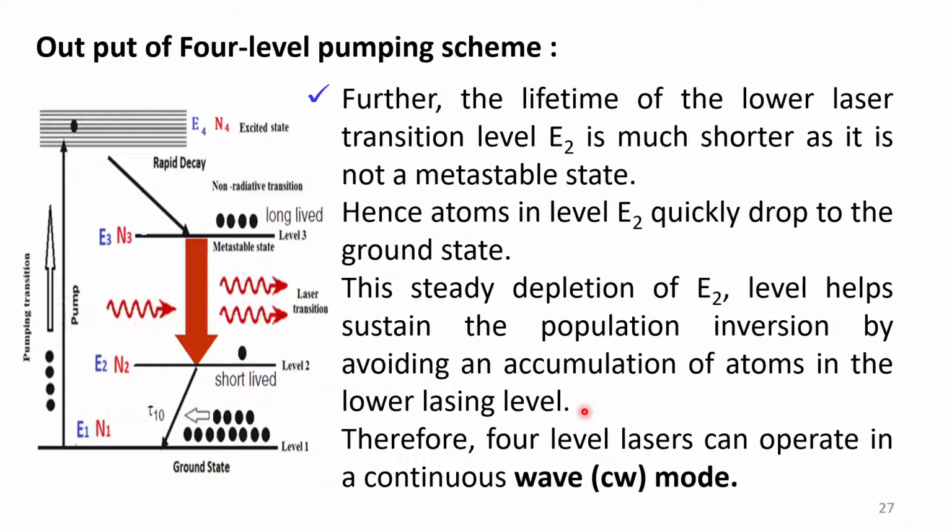That means the population inversion in a four level pumping scheme is achieved between the two energy levels E2 and E3, because there is a very fast transition from the level E2 to E1, and hence no accumulation of atoms in the lower lasing level.